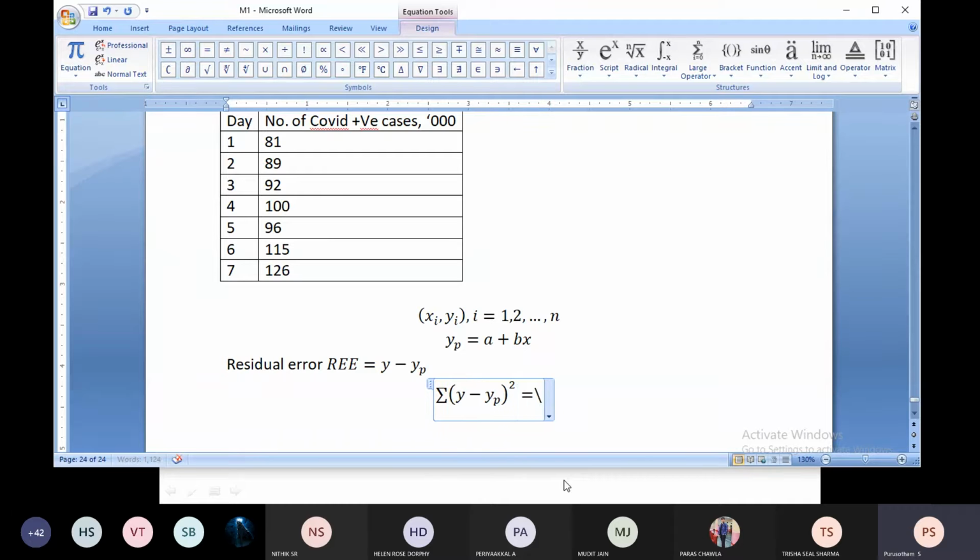This can be rewritten as the sum of y minus, what is the yp expression, something like a plus bx, whole square. Now let us look carefully. This y is the discretized point, so y can be rewritten in the form of yi, and x can be rewritten in the form of xi.